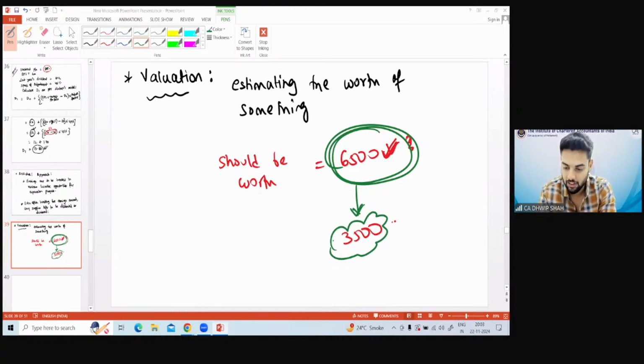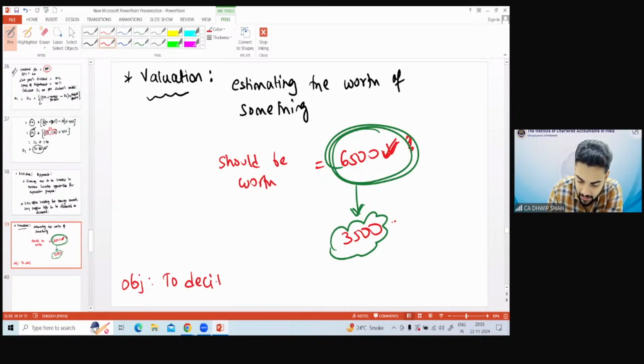Did you understand the concept of valuation? Valuation means deriving the approximate worth of something. And why do we do valuation? To compare it with the actual price and decide whether to buy or not. So the ultimate objective of valuation, the purpose of doing valuation, is to make a decision whether to buy or not.